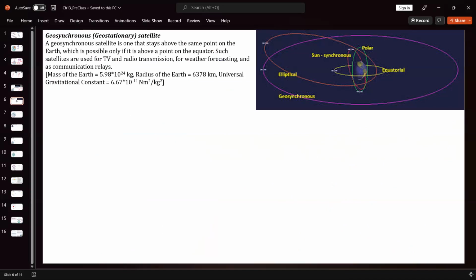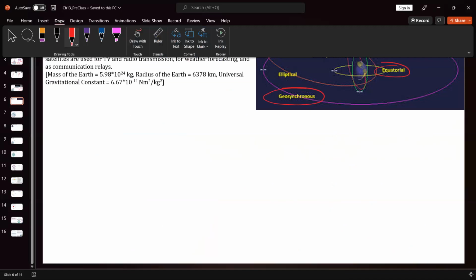And then the equatorial satellite, always passing on top of the equator. And then the geosynchronous satellite. This is a very specific, very unique type of satellite. Particularly the equatorial, polar, and geosynchronous, all of those are very, very important satellites, but the geosynchronous is actually easy to understand. We'll take a look only at some of this, not all.